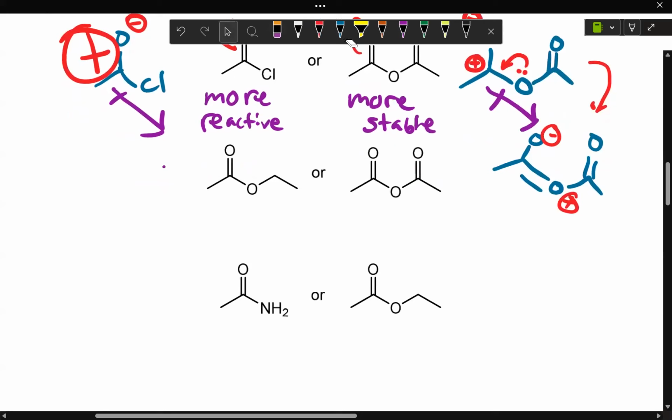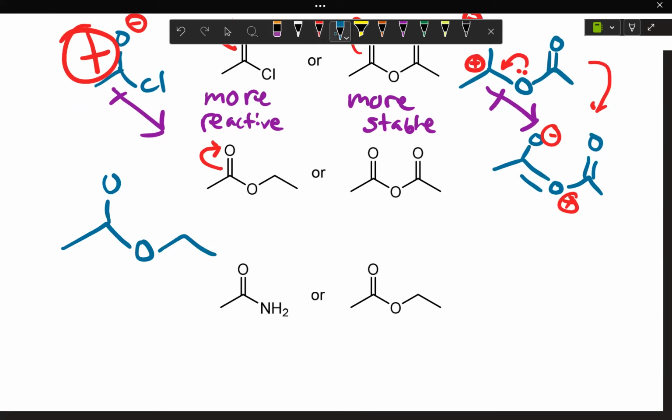All right, let's do the same thing for this next one. We have an ester, so let's draw the zwitterion, like that. And then we already drew the zwitterion for the anhydride, but I'll redraw it anyways.